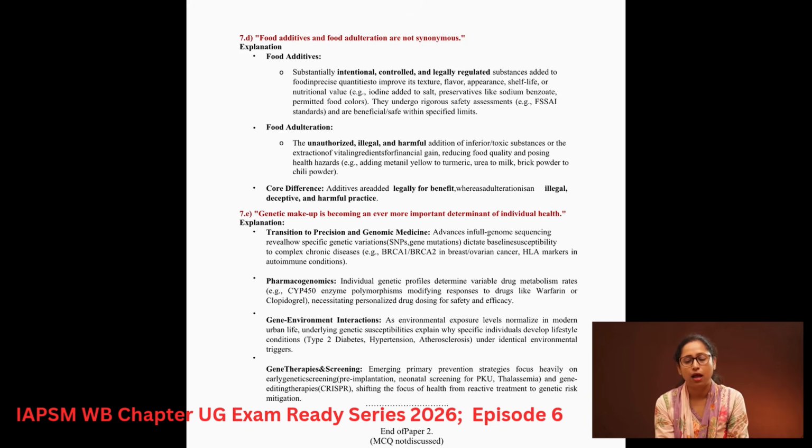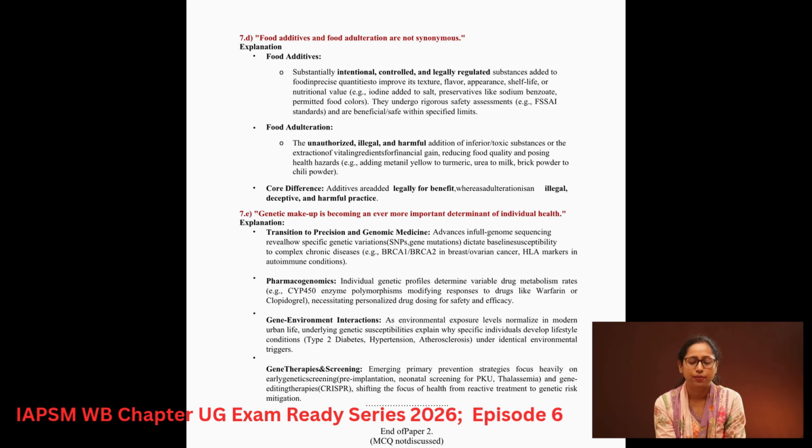For example, iodine added to salt is food additive, right, and fortification also later. Now, they undergo rigorous safety assessment, example FSSAI standards, and are beneficial or safe within a specified limit.